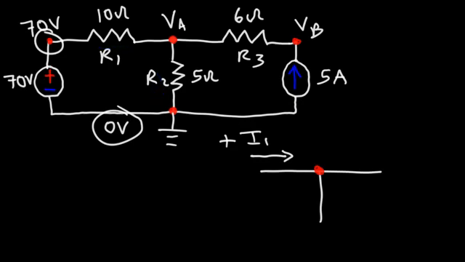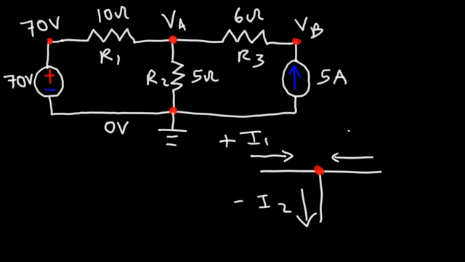Now, we do have a current source of 5 amps, which is going in this direction. And likely, it's going to go down through this resistor. So we have a current I2 going in this direction. Because that current is leaving the junction, we're going to give it a negative value.